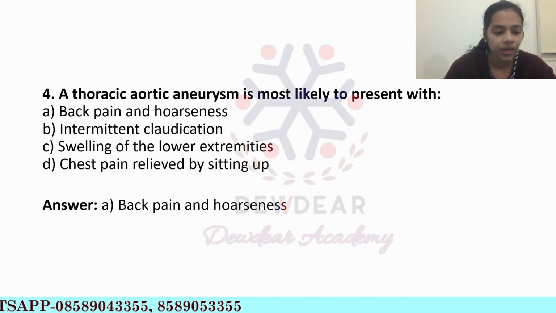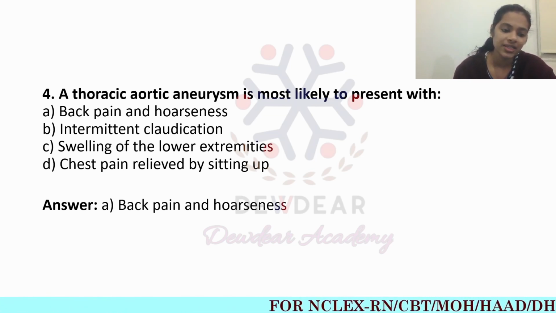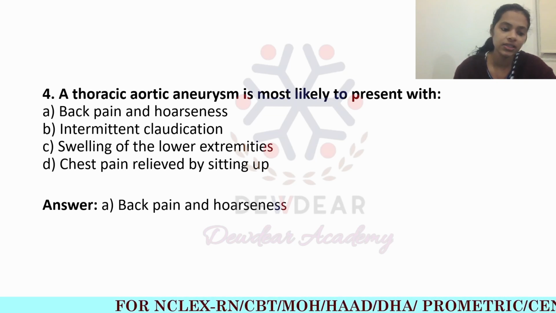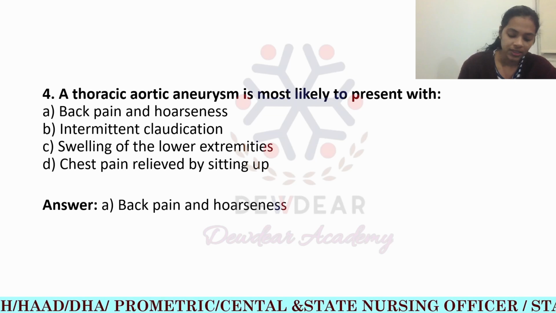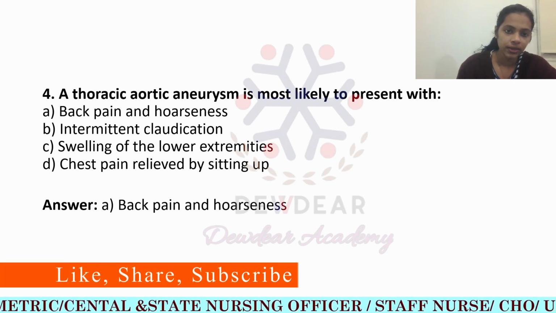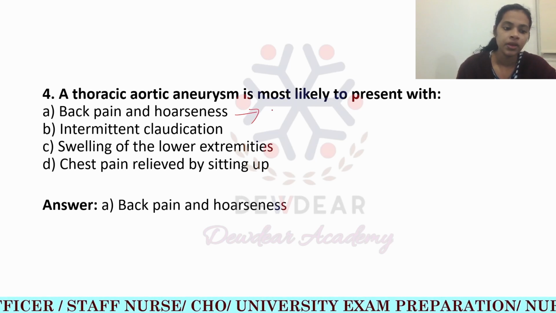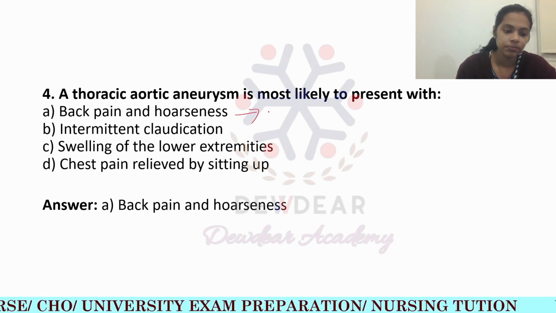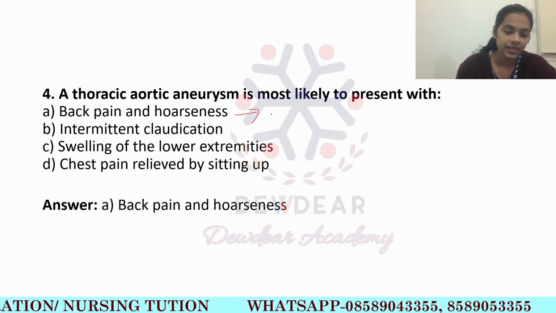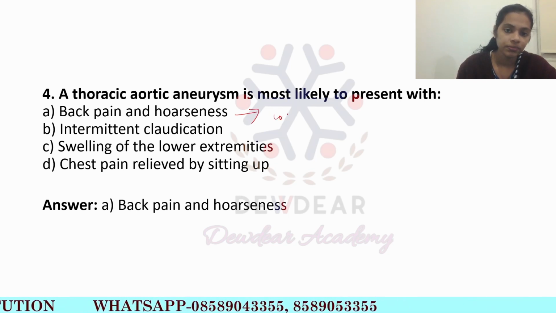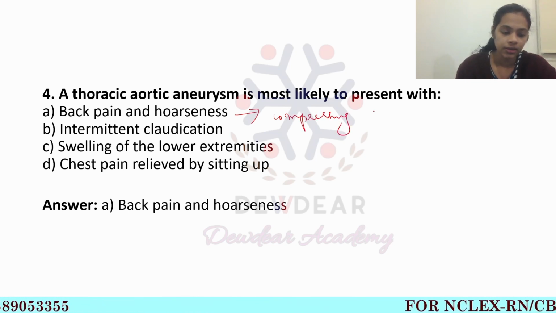A thoracic aortic aneurysm can cause pain radiating to the back, because aneurysm expansion may compress or irritate the nearby structures like the vertebra and also the nerves. That is why there is back pain. On expanding, the aneurysm will be compressing the nearby structures.